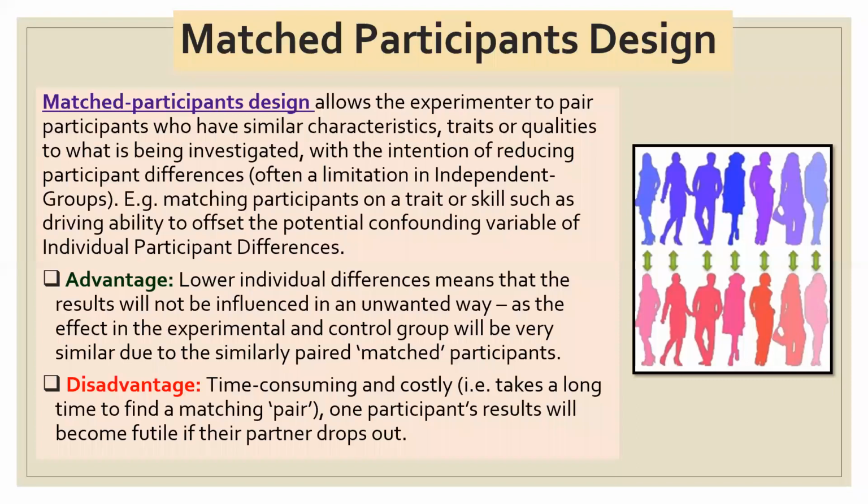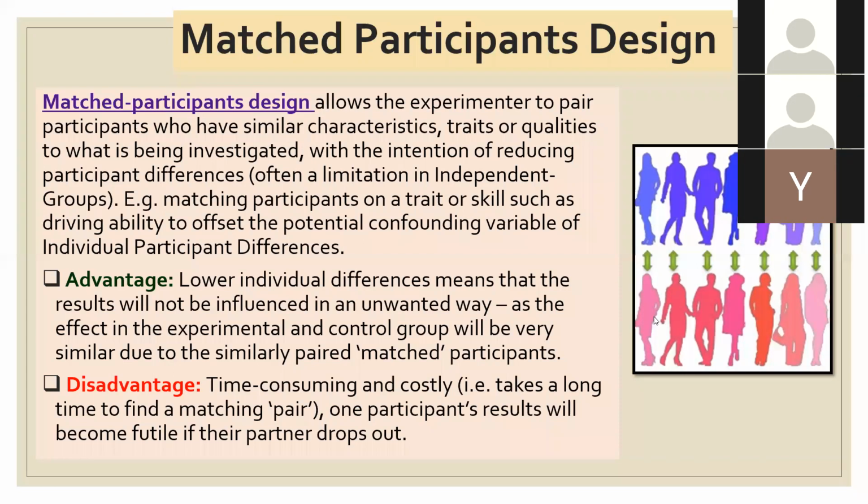So in the context of this example, if I'm talking about person A and then person A's match, I want to make sure both have a similar level of alcohol tolerance. What does alcohol tolerance mean? It means that some people get drunk after having one beer, some people don't get drunk until having 3 or 4 beers.